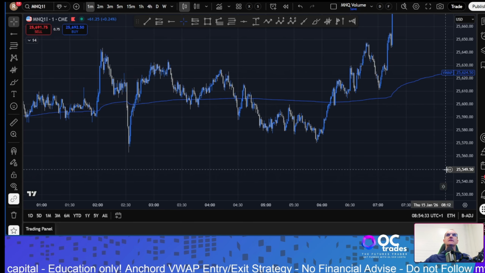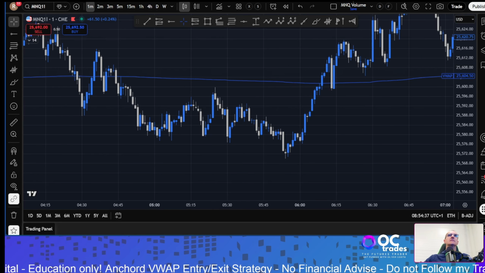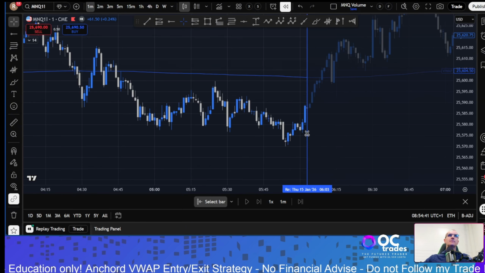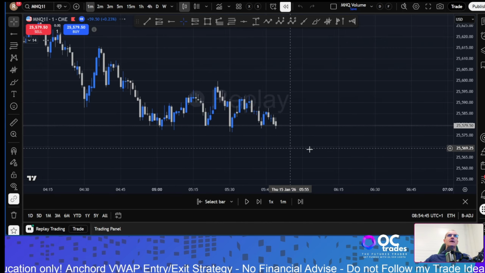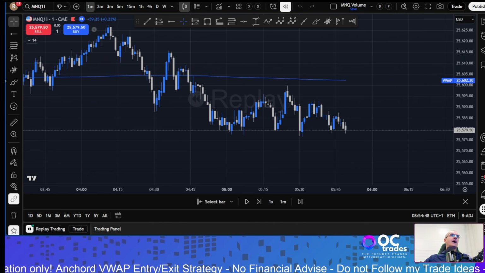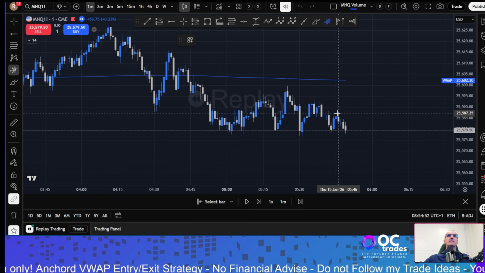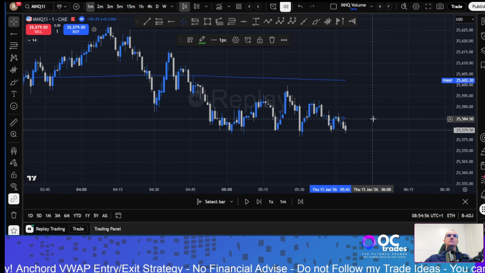I have a 1 minute chart. So 1 minute, and we are assuming we're going into replay mode maybe. I do a replay mode, and as I said, it's today, it's a trading day, and I would do it something like that. I would put out an anchored VWAP here and put it, for example, here on the current swing low.